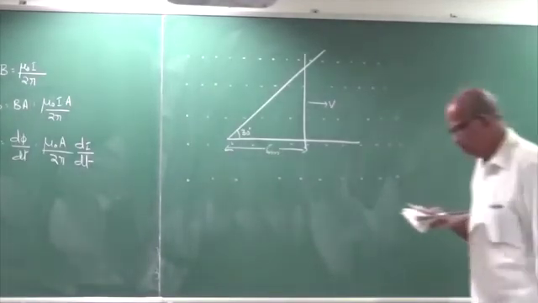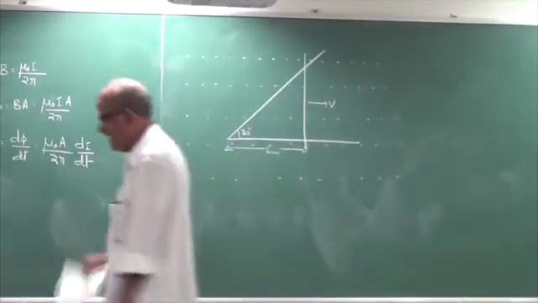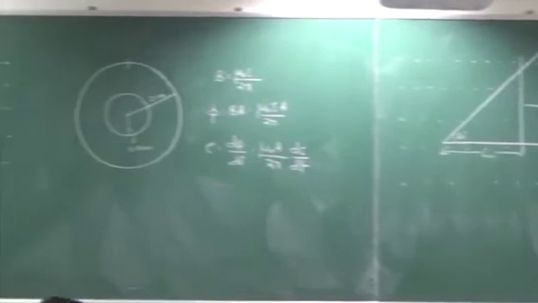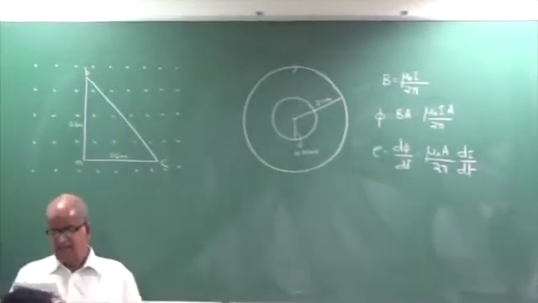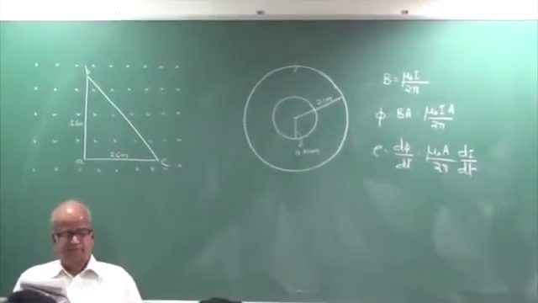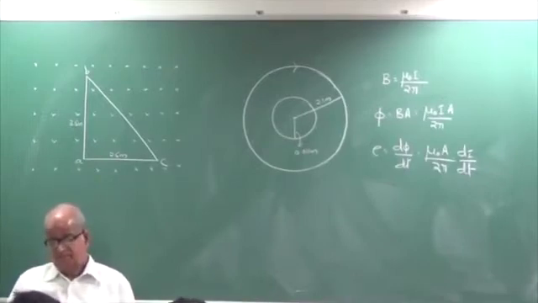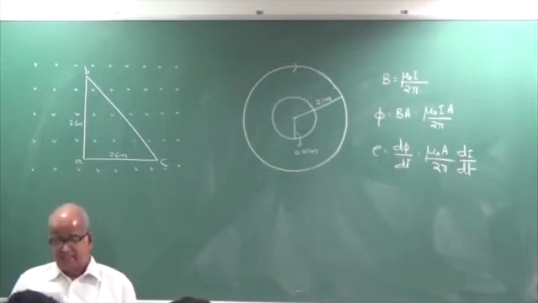A bar is moving along a triangular track as shown with a velocity of 8 meters per second.